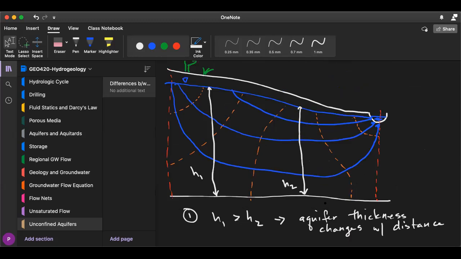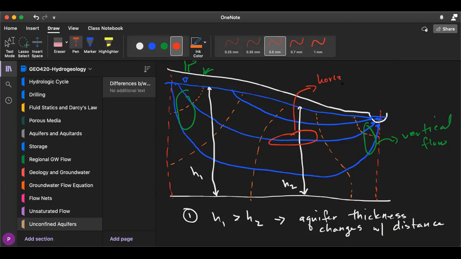I want to point out one other thing here, and that is that at the top and at the bottom of this aquifer, we have vertical flow. And in the middle here, horizontal flow.